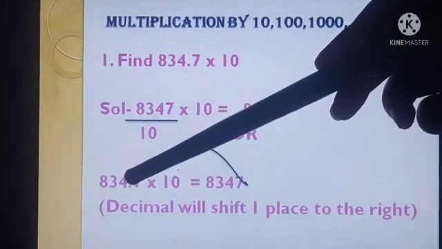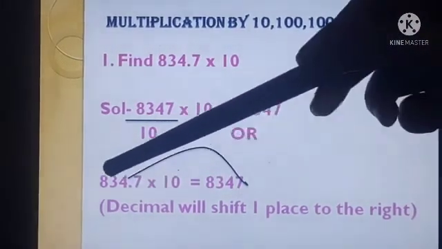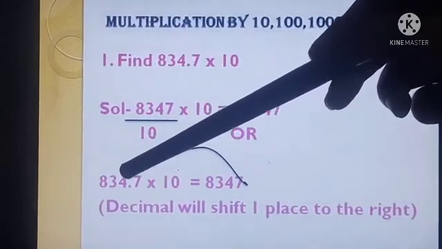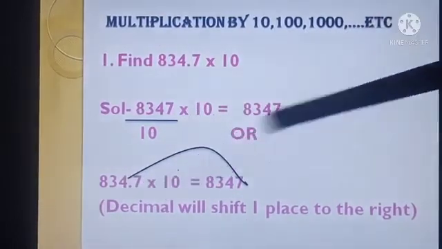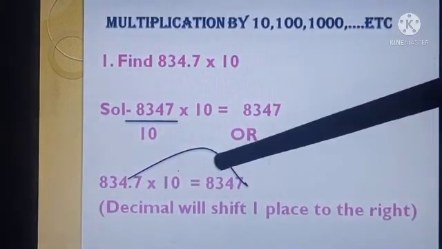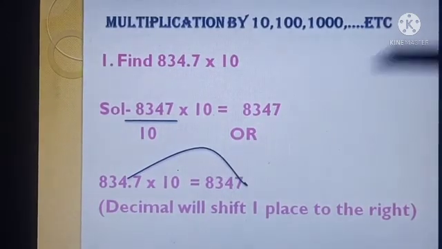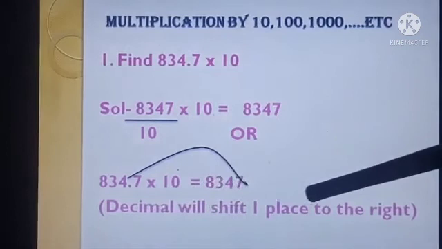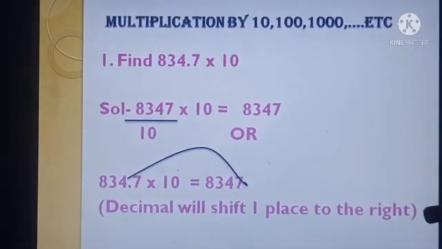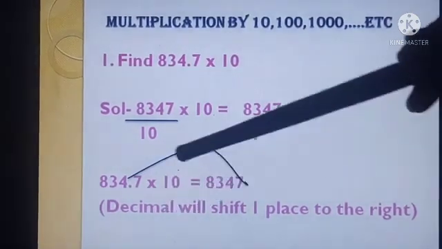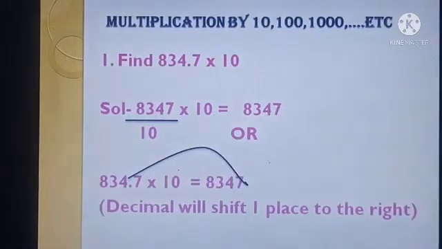So when we shift this one place forward, it will become 8347.0, or we can say 8347. The decimal will shift one place to the right. Why one place? Because multiplication with 10 is given.